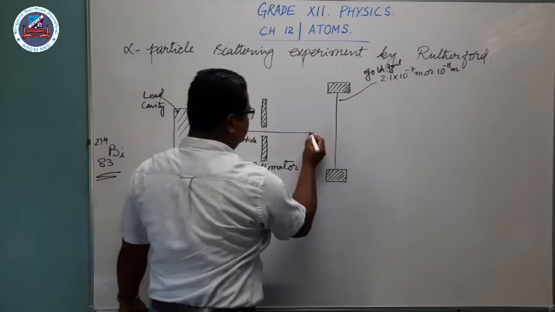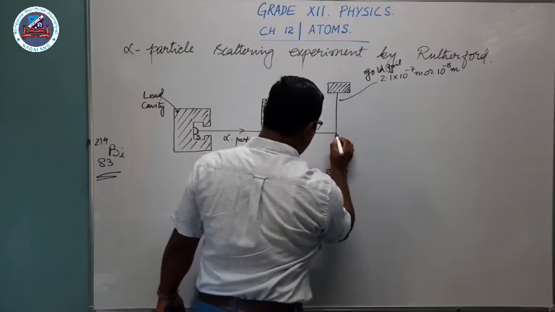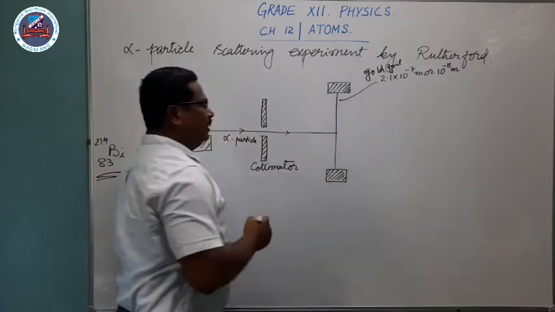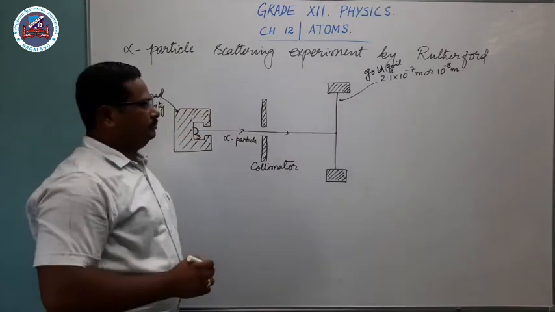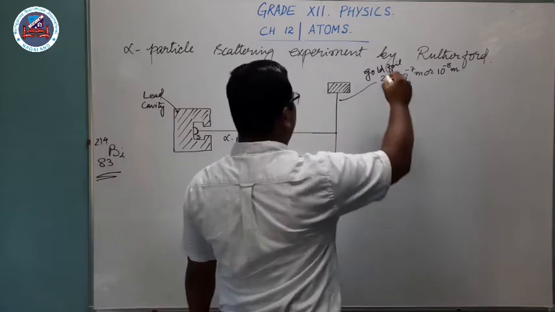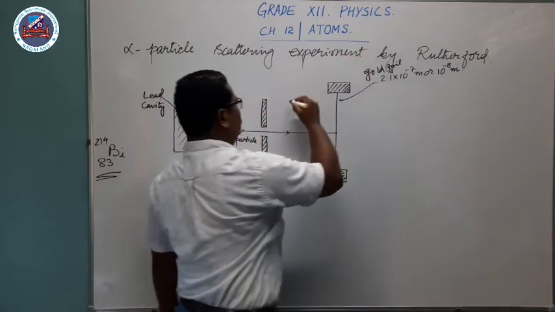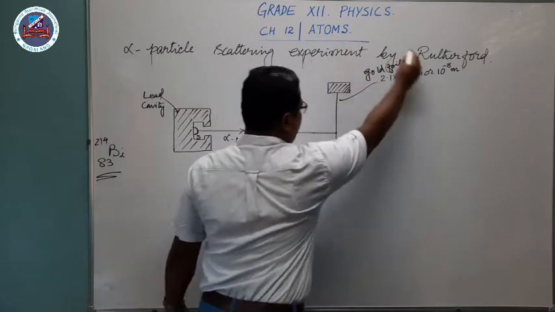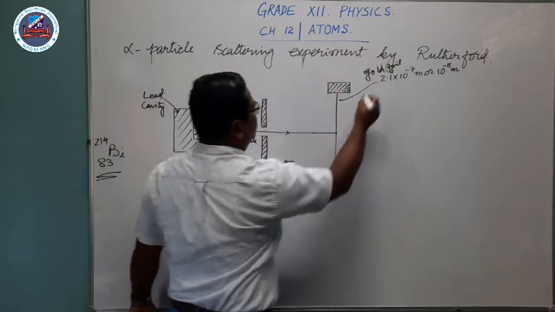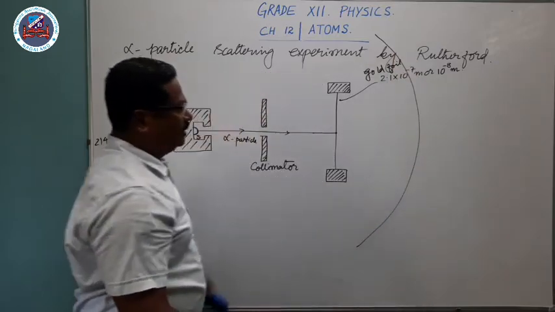These alpha particles were allowed to go and hit the gold foil. After hitting the gold foil, there was a screen made up of zinc sulfide. If I draw, it will be taken around like this, but I'll draw a part of it in a circular form.